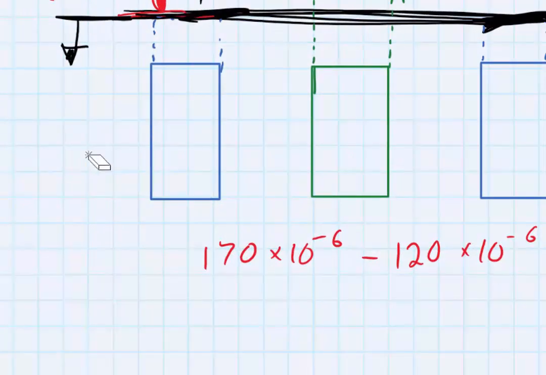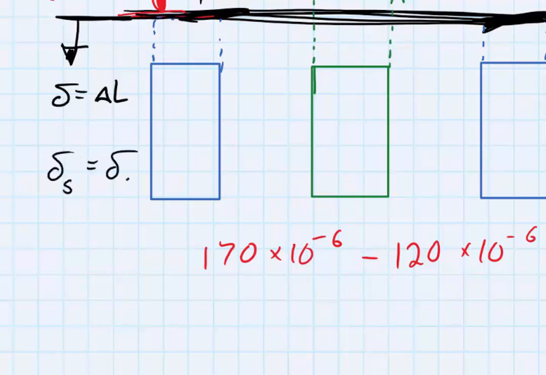It was delta, which is delta L. So we can make a relation that the delta of the steel is going to equal the delta length of the copper.